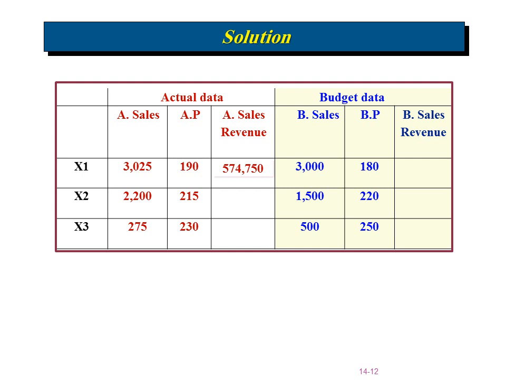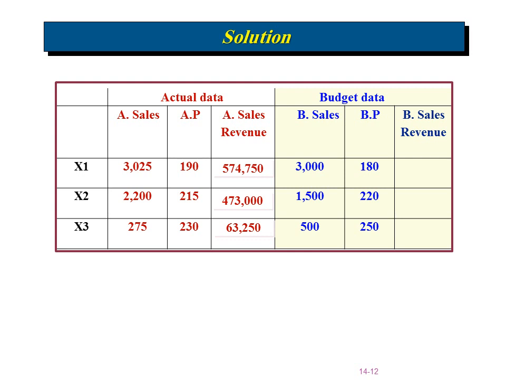I will repeat the same calculation, actual and budgeted, for X1, X2 and X3. So what about actual sales revenue for X2? This is my actual, and also this is my actual sales revenue for X3.